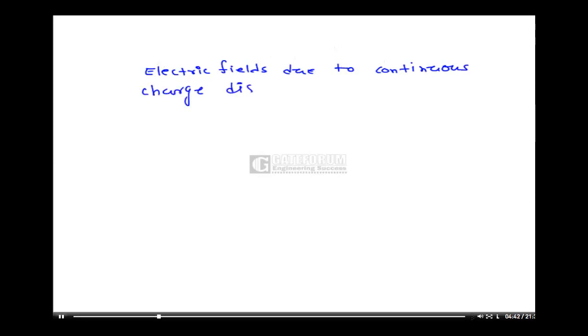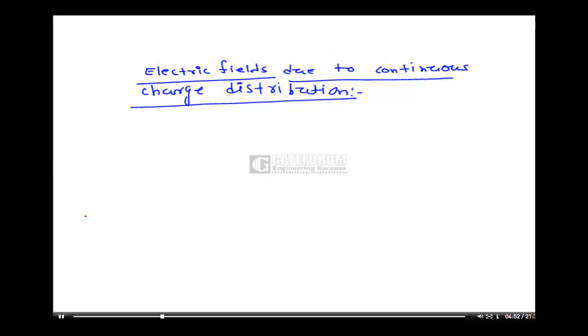Next concept is electric fields due to continuous charge distribution. Till now we have only considered forces and electric fields due to point charges.